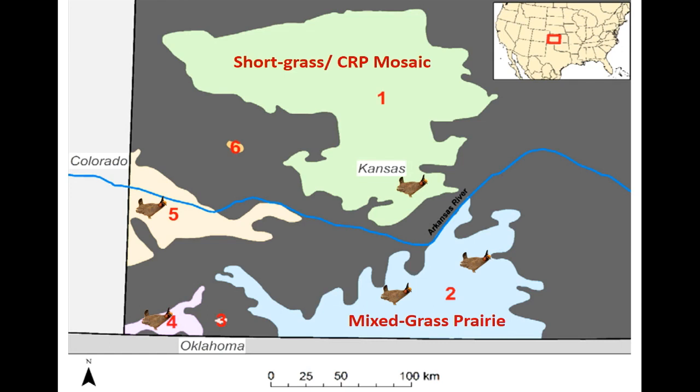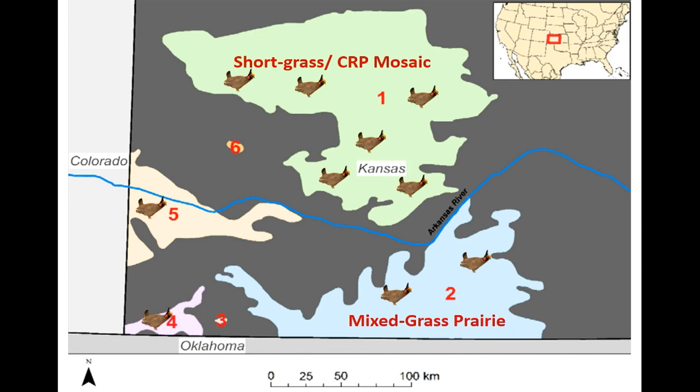Kansas Parks and Wildlife begins surveying areas outside of where they knew lesser prairie chickens to occur, and they ended up finding over 215 leks in the shortgrass prairie CRP mosaic. And since then, what we found is that this is where lesser prairie chickens occur at their highest densities, and they've also shown pretty stable population trajectories in contrast to areas south of the Arkansas River.